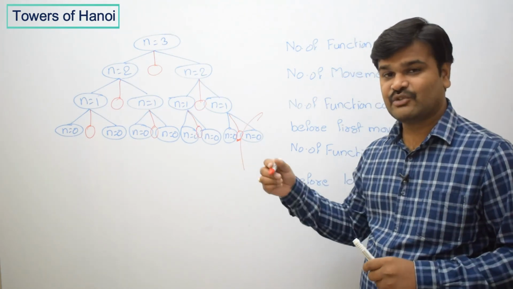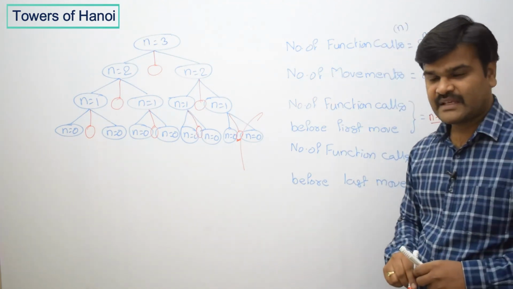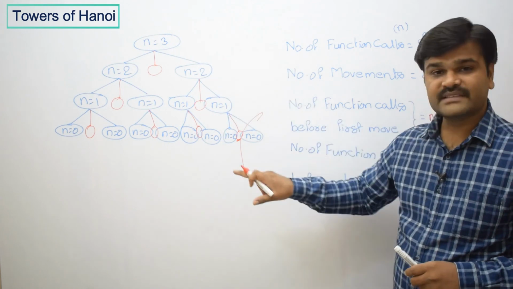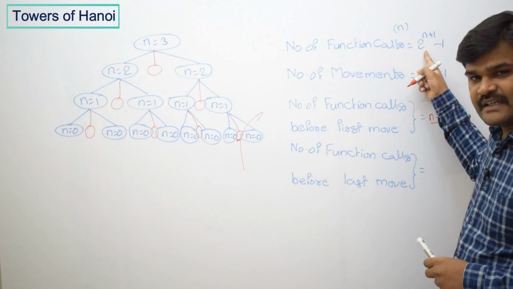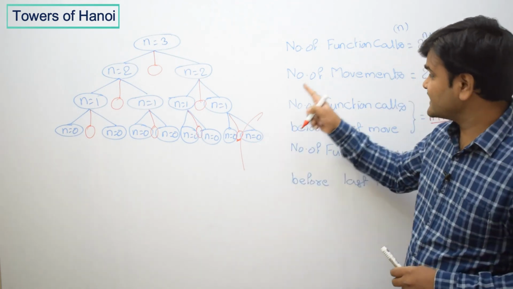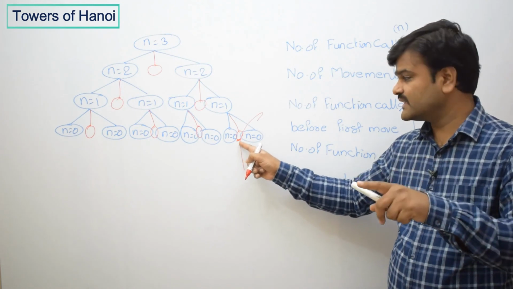From this, how can you get how many function calls are there before the last movement? The total function calls are 2 power n plus 1 minus 1. If you exclude this one from this, that will become the total function calls before the last movement.